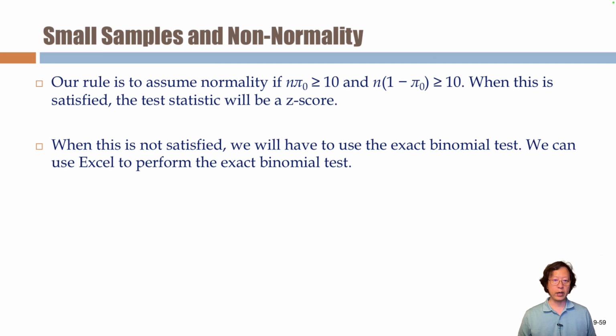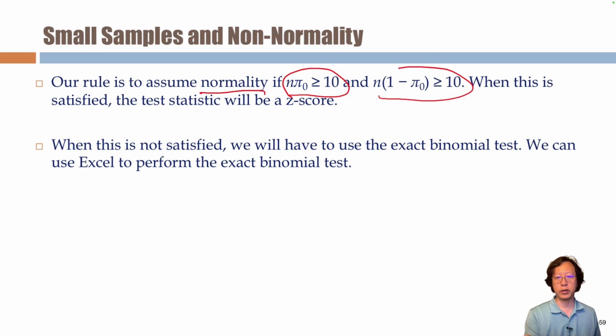So what if our normality assumption does not hold? For a proportion, n times pi should be greater than 10, the same rule, and n times 1 minus pi should be greater than 10. Then our test will be the z-score, and we can assume normality.